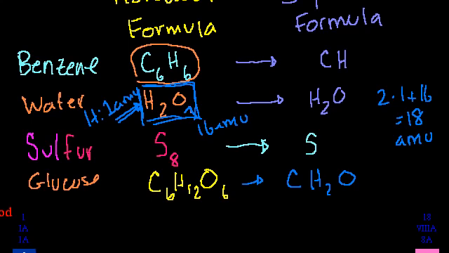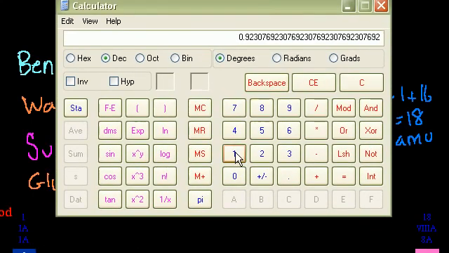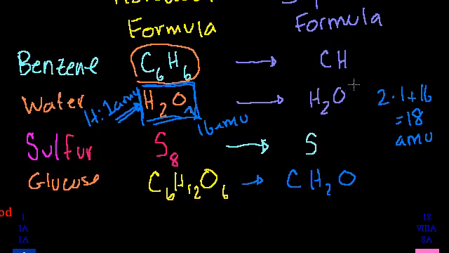So if we get the calculator back, 16 divided by 18 is 88.9% oxygen. So most of water is oxygen. Even though you have 2 hydrogens for every 1 oxygen, oxygen's mass is so much larger, it's 16 times larger, that most of water is oxygen.